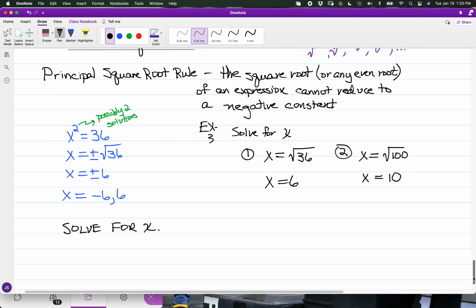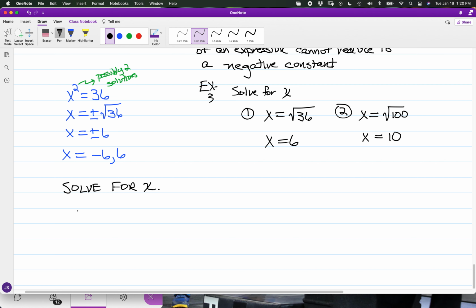Now, say we're looking at solving for x. So I have that the square root of x plus 1 is equal to 8. Again, we have 8, that's a positive constant.